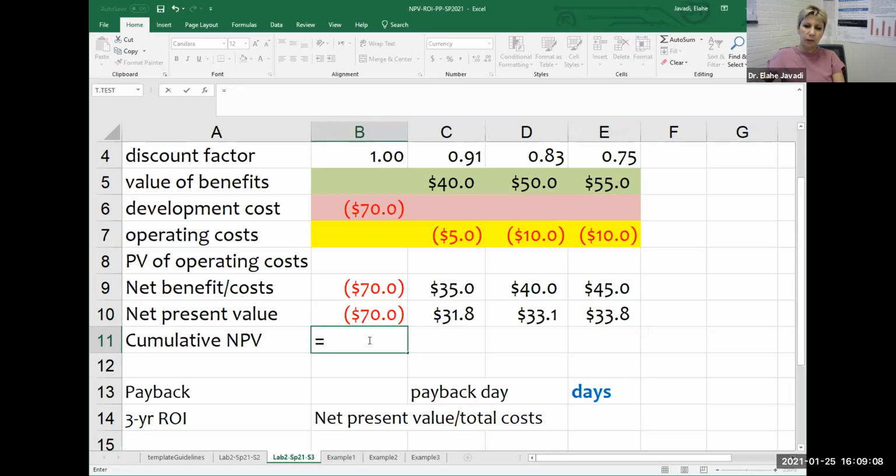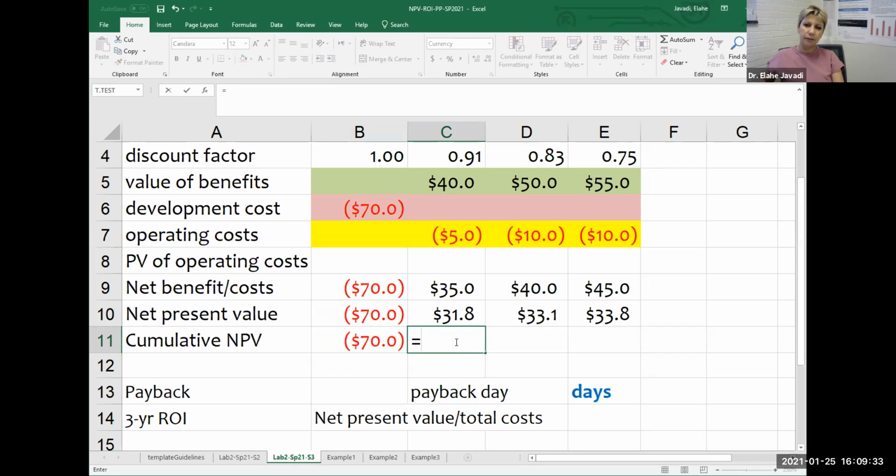So year 0 is an exception. Why? Because there is nothing before it. Cumulative is equal to the value itself. So cumulative net present value, cumulative NPV, equals net present value, NPV. So no history, nothing is different.